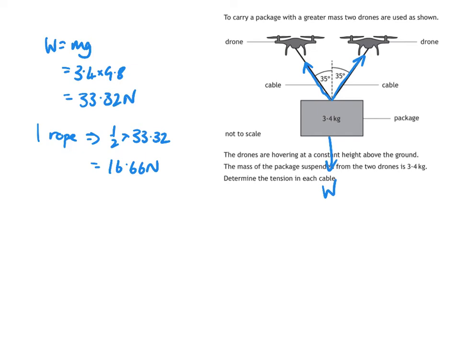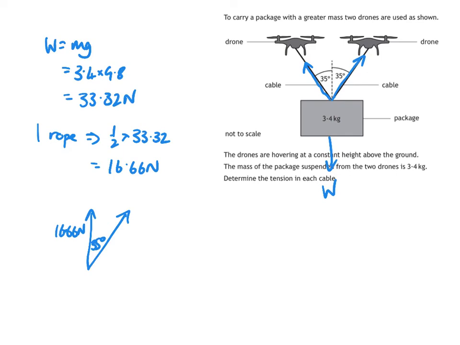Right, so this is a wee bit harder than the example we've just done, because in that we were given the hypotenuse. But in this one, if we pick one of these ropes, it doesn't matter which, it's got to supply 16.66 newtons vertically upwards to balance the weight, and the other one does that as well. But it's actually acting at an angle of 35 degrees.